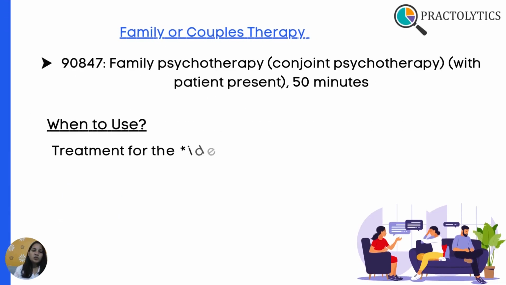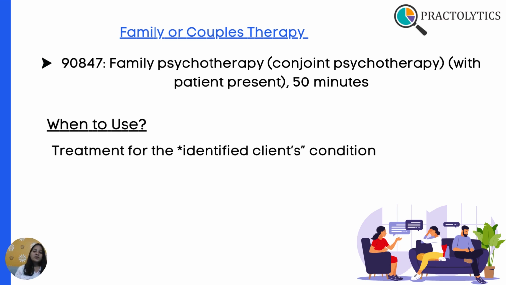Moving on to couples therapy. There are also CPT codes for family psychotherapy, that is, conjoint therapy with the patient present. These are also time-based, used for face-to-face or telehealth couples and family psychotherapy sessions of 26 minutes or longer. The minimum time required is 26 minutes for reporting CPT 90847. When to use this CPT code?